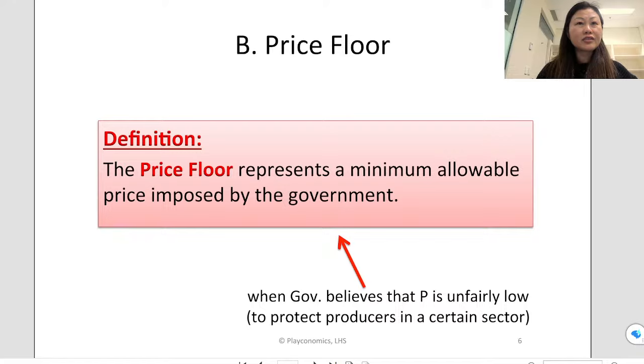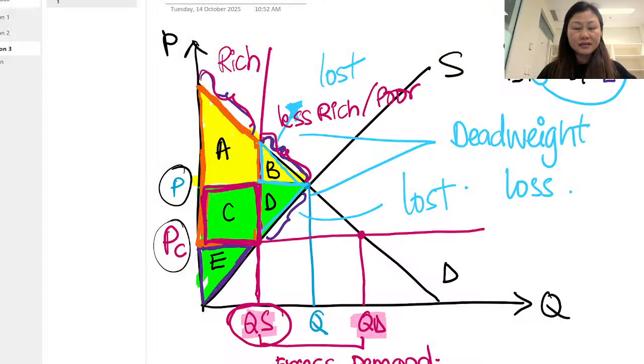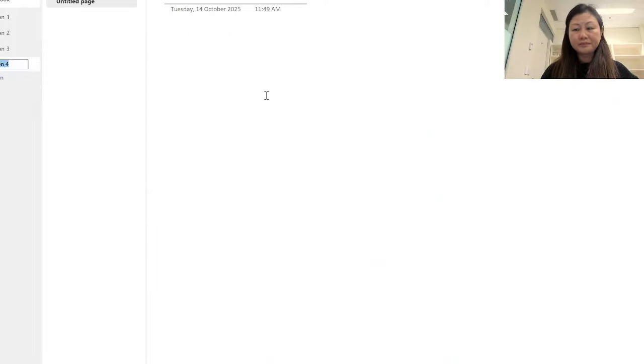I'm going back to my slide. And I want to create a blank slide. Okay, going to do this again. Now we're going to look at price floor.